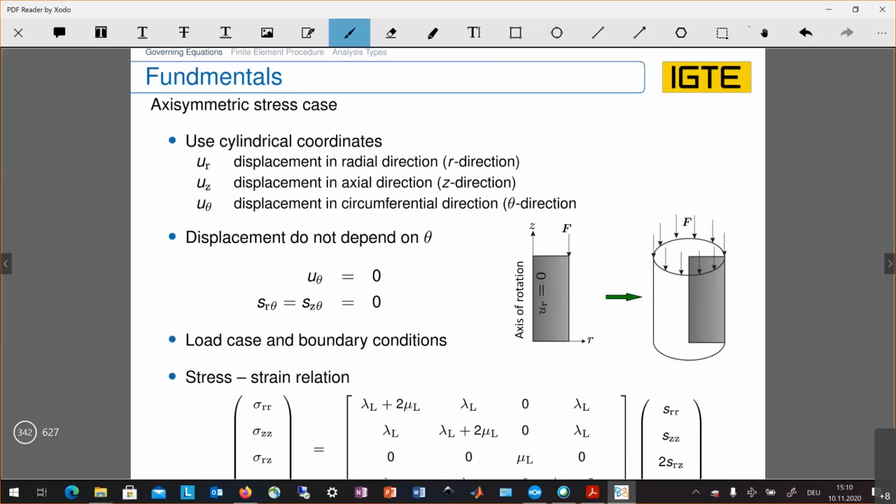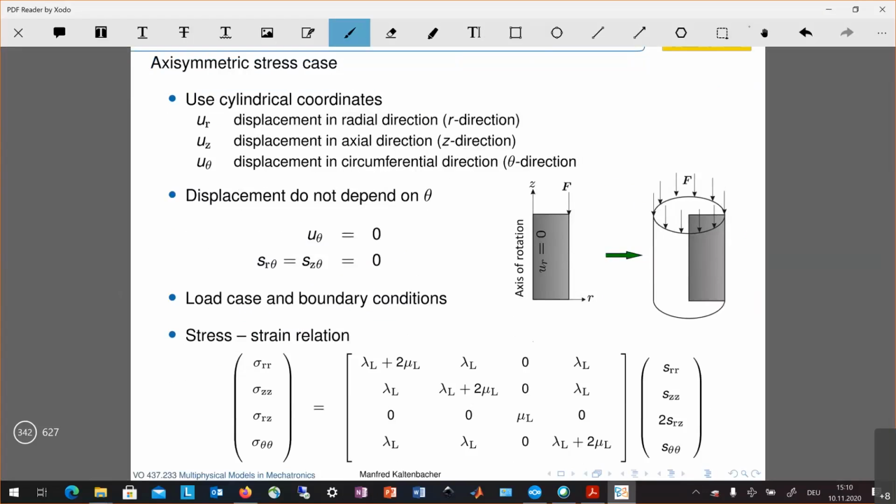And the stress-strain relation we have here, we have to be a little bit careful in this sense, because we also have a strain in the circumferential direction and stress in the circumferential direction. Therefore, you have to use this constitutive relation between stress and strain.